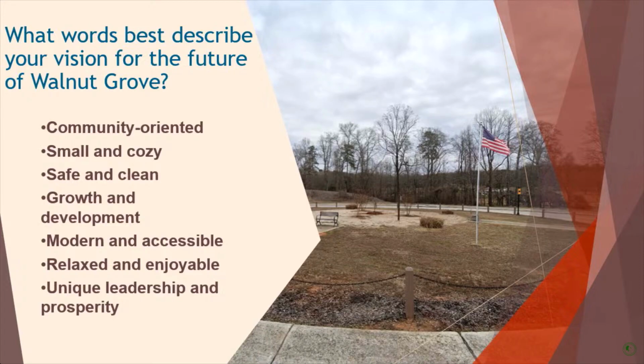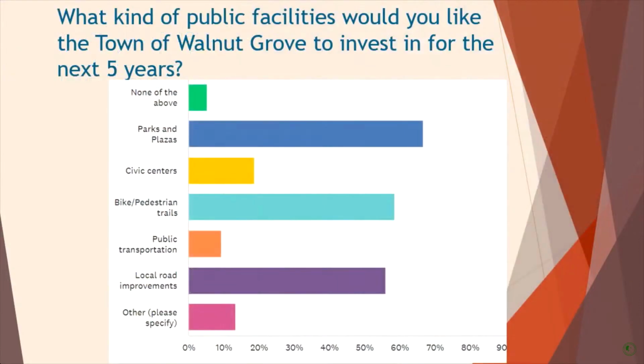And then what changes or improvements would you most like to see over the next 10 or 20 years? We have traffic and infrastructure, business development, and by business development, it was small businesses, entrepreneurship for local people. Preservation of small town feel again, community amenities again, and public services, specifically law enforcement.